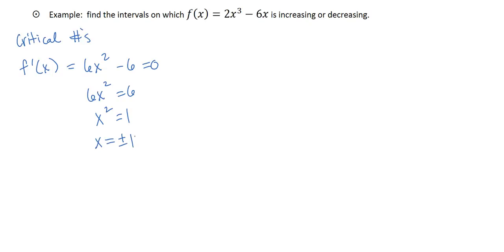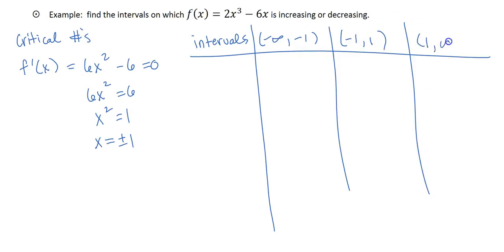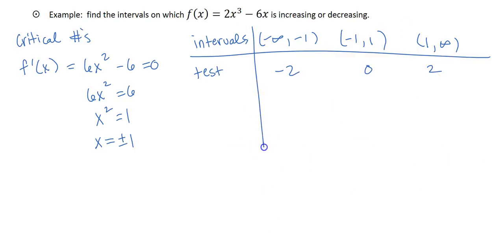I have no potential domain problems here, nothing that could be causing any issues, so my intervals that I set up, there's going to be 3 of them. We're going to go from negative infinity to negative 1, from negative 1 to 1, and from 1 to infinity. My test points, I could pick negative 2, 0, and 2. Again, it's just up to you what you want.